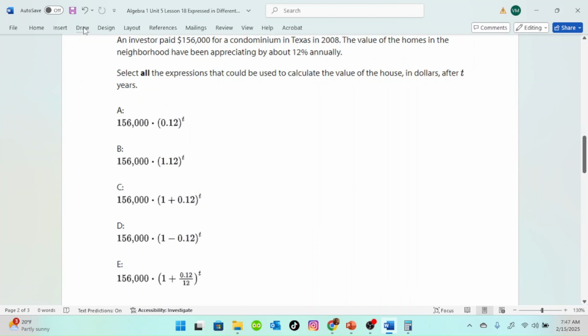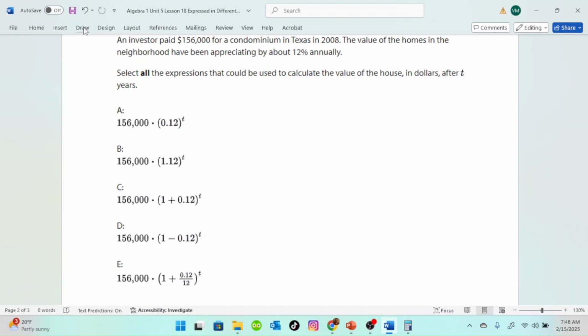Our next practice problem says an investor paid $156,000 for a condominium in Texas in 2008. The value of the homes in the neighborhood have been appreciating by about 12% annually. Select all the expressions that could be used to calculate the value of the house in dollars after T years.